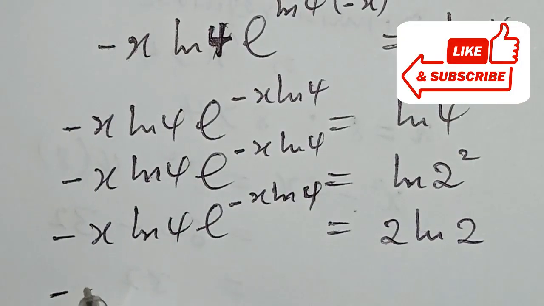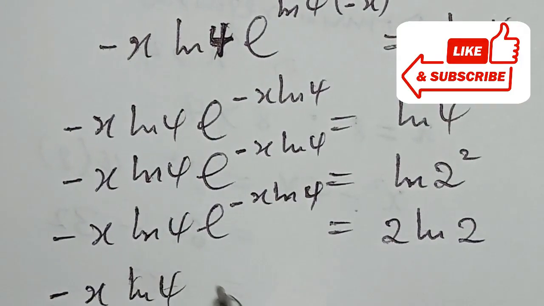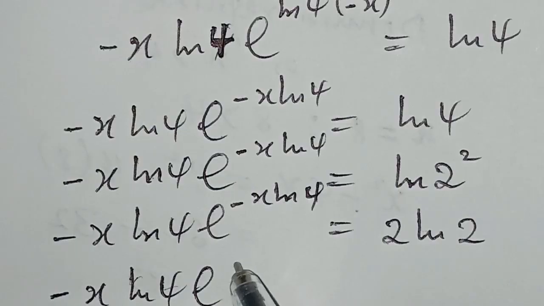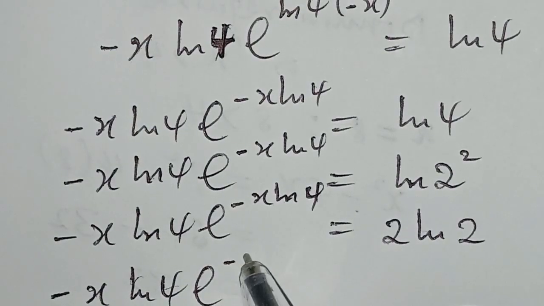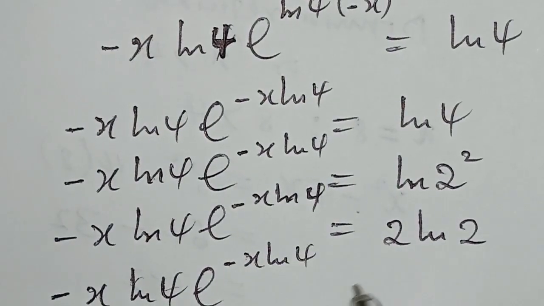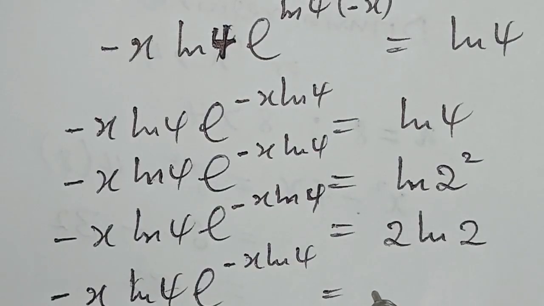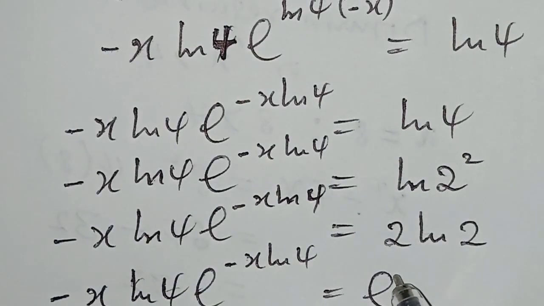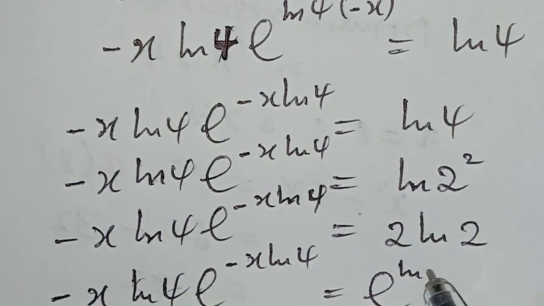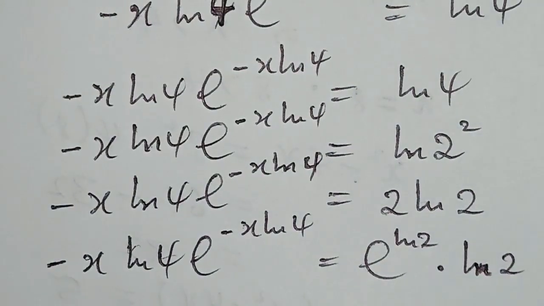So we have minus x ln of 4 e to the power of minus x ln of 4 equal to e to the power of ln of 2 multiplied by ln of 2.